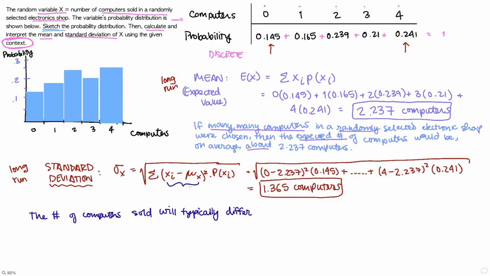It's all about understanding here. We're typically differing from this mean. This is that deviation. That's why the mu of x is included here. So we'll typically differ from the mean number of computers sold. And just for clarification, maybe we can even include that this mean number is 2.237 computers.